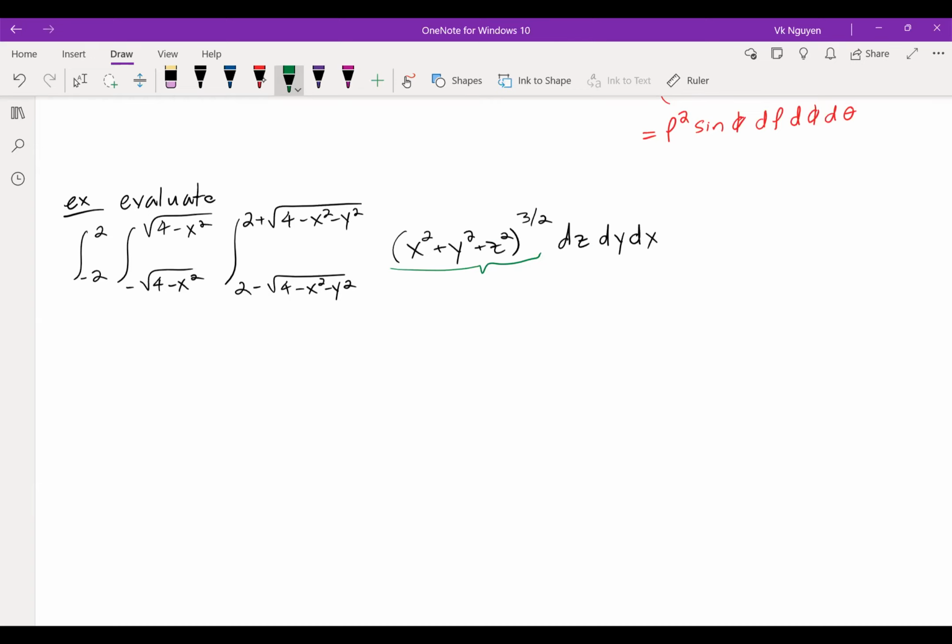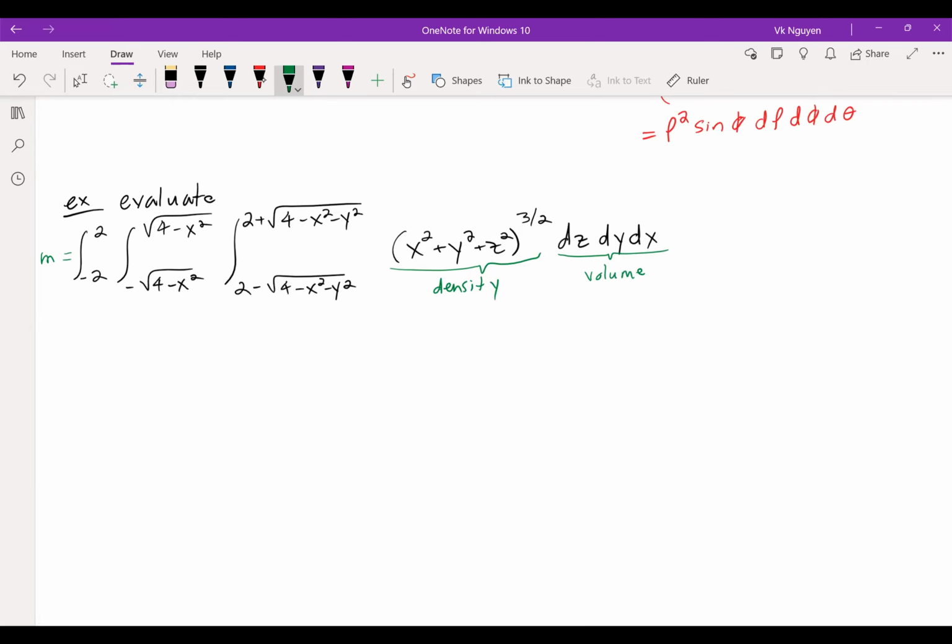This thing is density. And then the other one is volume. So we are computing the mass. So this is the mass of an object having that density.